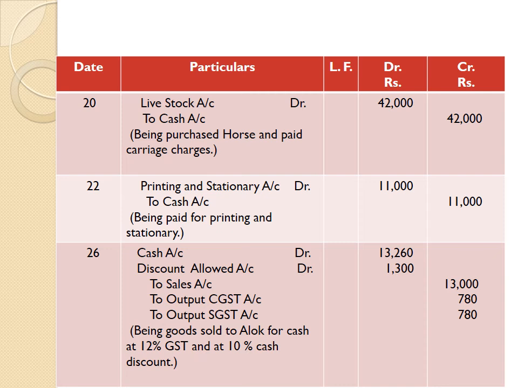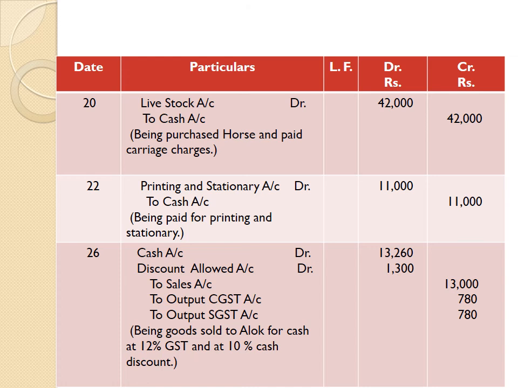We got cash received rupees 13,260, that is cash account debit 13,260. We allow discount 10% of value of goods sold. Value of goods sold is 13,000, 10% of which is 1,300. So discount allowed account debit 1,300.